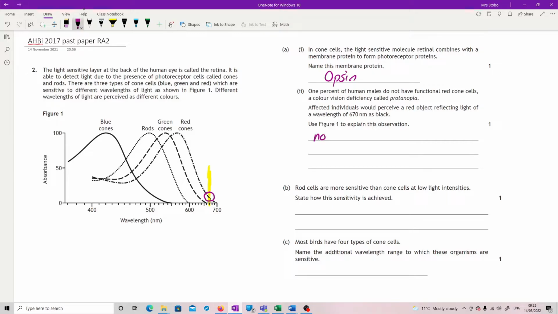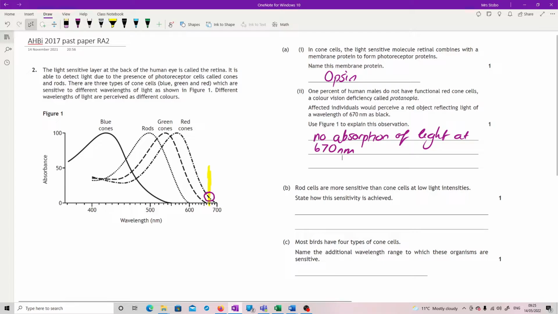So you've got no absorption of light at 670, so there's no response. No response means you don't see anything, okay? The reason they've obviously gone 670 is below that at 660, you've still got, I suppose technically only just, or maybe that's still at 0, the green cones responding.